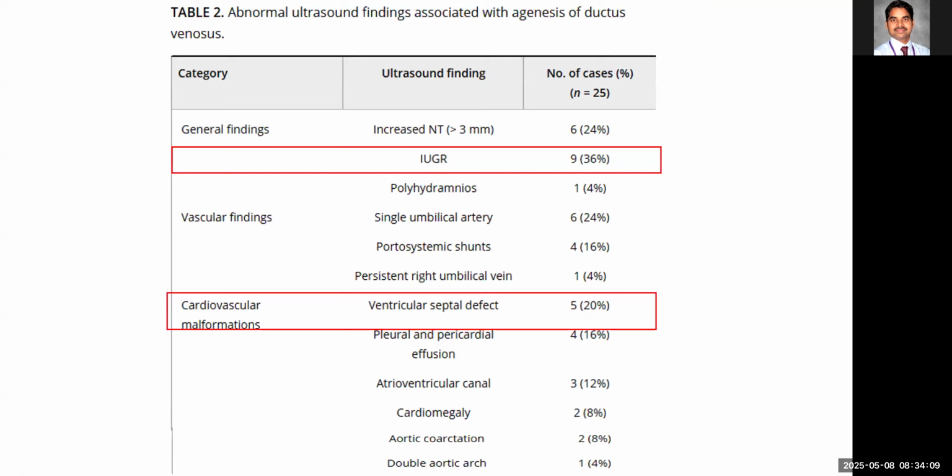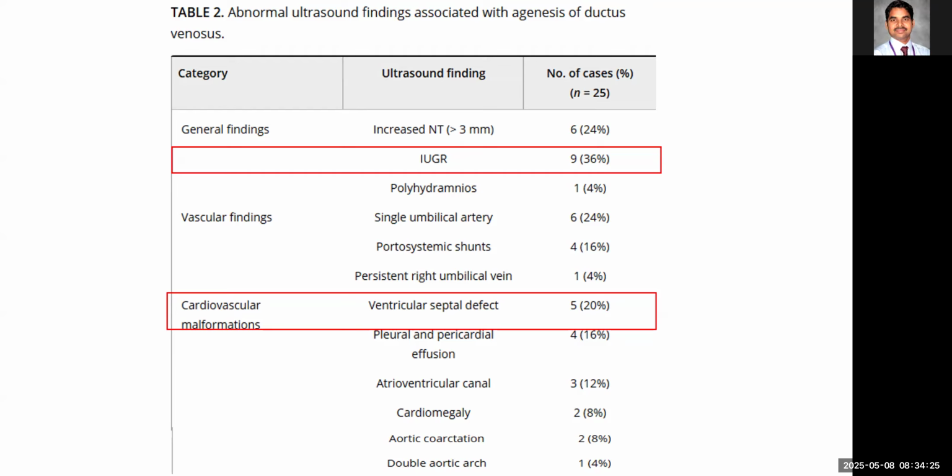Out of these 33 fetuses, 8 cases were isolated DV and 25 cases were diagnosed with other abnormal ultrasound findings. This table shows abnormal ultrasound findings associated with agenesis of DV in 25 cases.